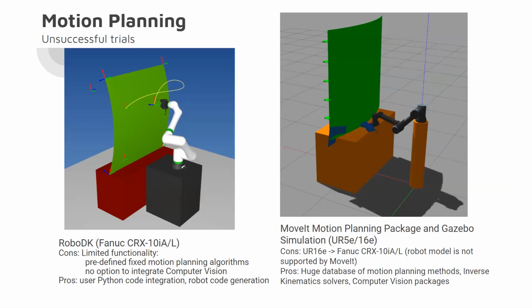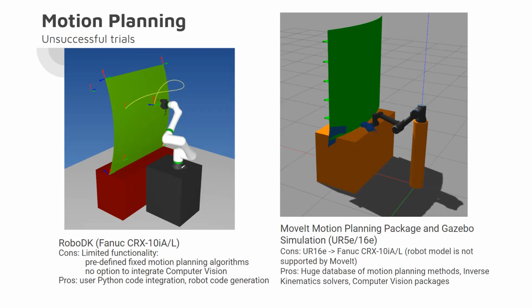Before coming to RoboGuide, initially the project was planned for a different robot, so that's why we used the MoveIt motion planning package and Gazebo simulation to create the digital twin of the workspace. But after changing the robot to FANUC, which is not supported by the MoveIt motion planning package, we changed to RoboGuide and RoboDK.